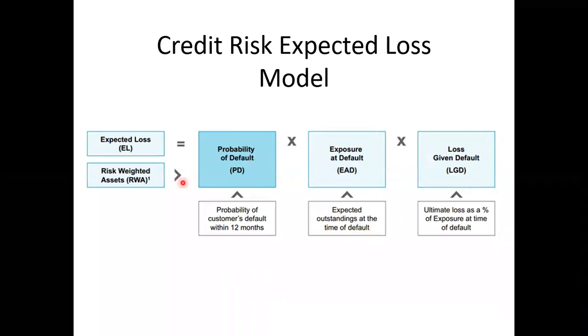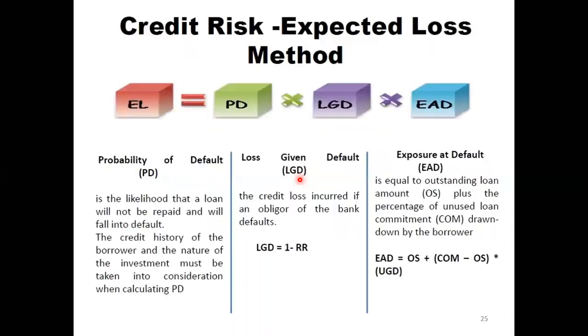This is the formula, you just know it. So this is the expected loss method: expected loss equals probability of default into loss given default and into expected exposure at default.